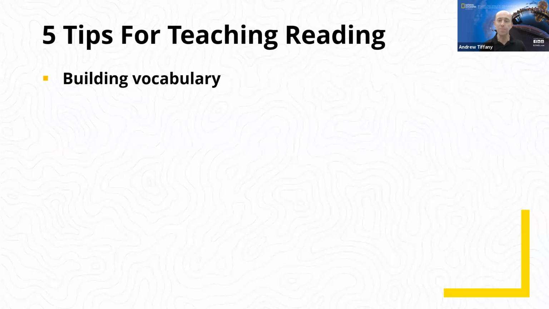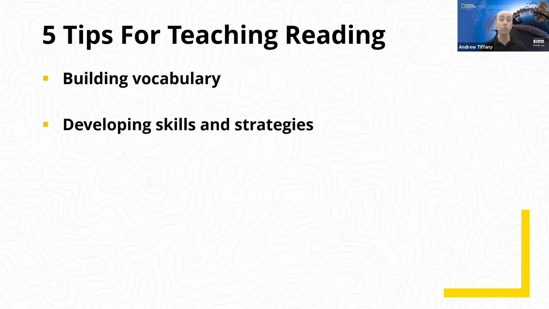So what I'm going to do today is go through 5 tips. The first one is about building vocabulary for reading, a very important part. Second is developing reading skills and strategies, which are useful as well. The third is how to ask good questions.